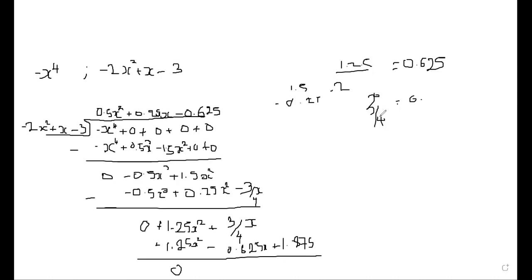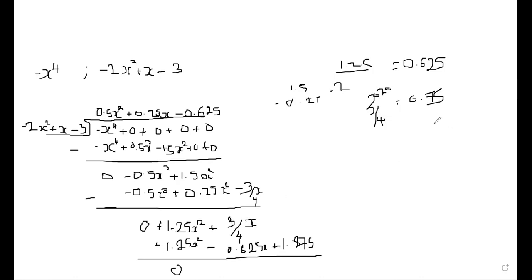How many 4s do we have in a 30? 7. 7 times 4, that's 28. That would be a 5 there, 0.75.